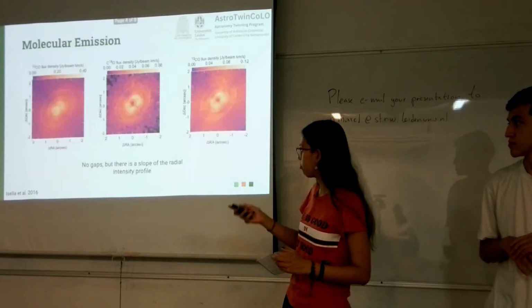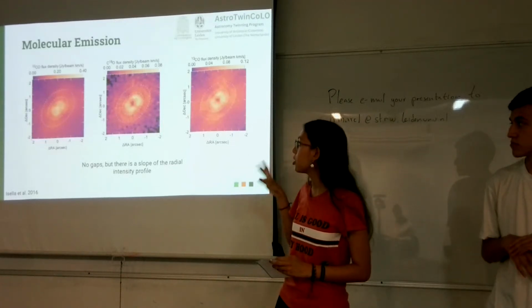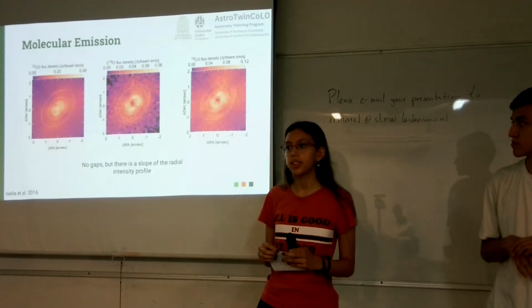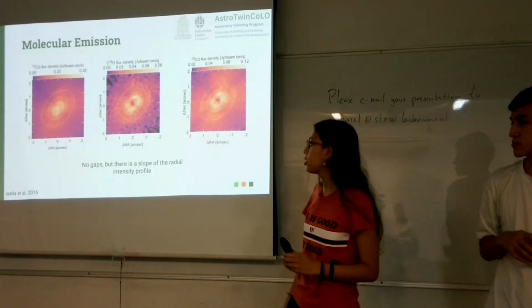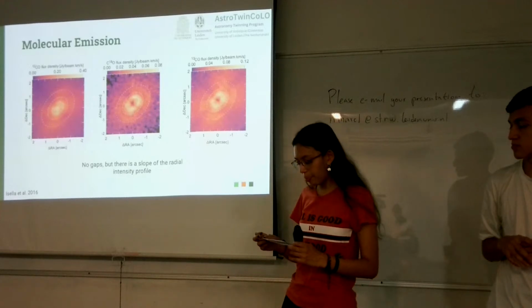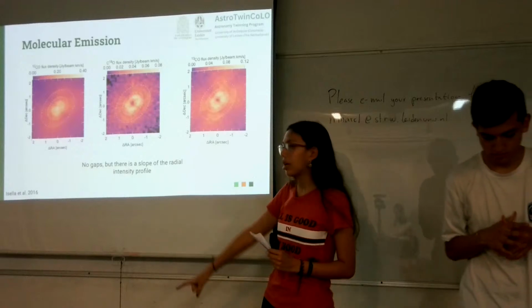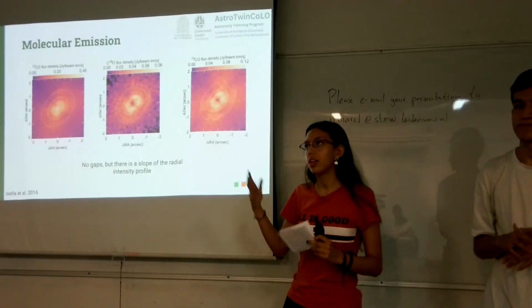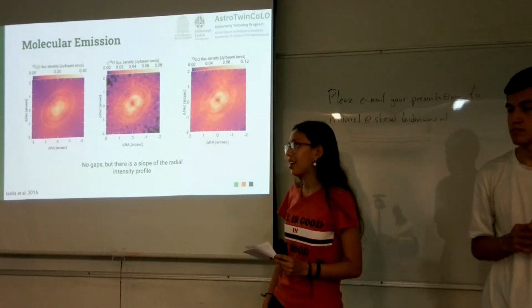So they also imaged the molecular emission of 12CO, 13CO, and C18O. These are the flux densities of all of that. And there's a problem there because on the images there are no gaps, but in the continuum we estimate that they were rings, so they have to be gaps.